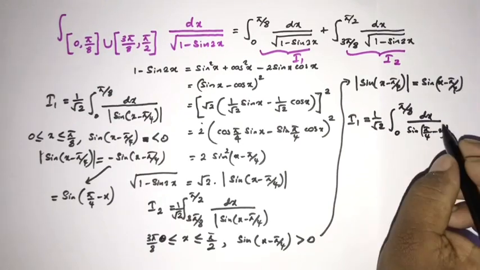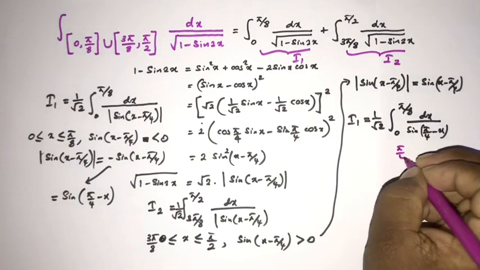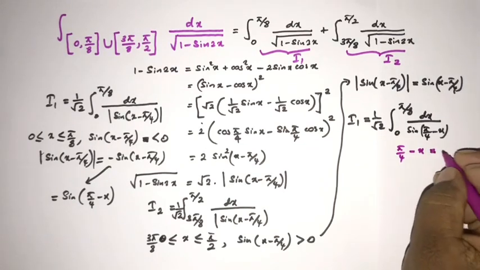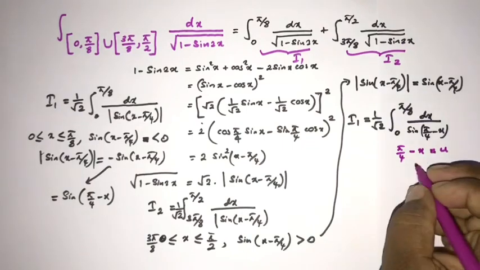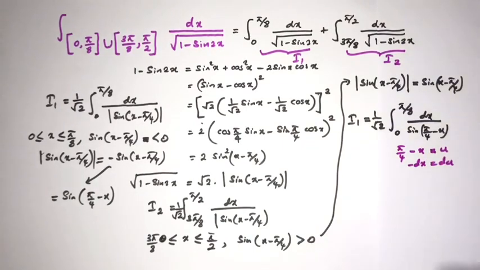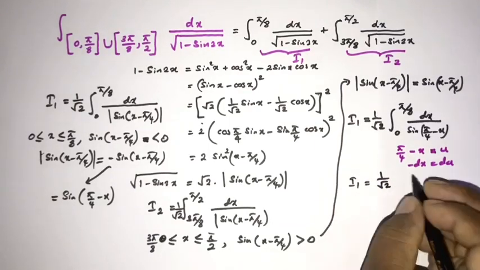To evaluate this integral we can take a substitution: π/4 minus x equals u, then differentiating, minus dx equals du.